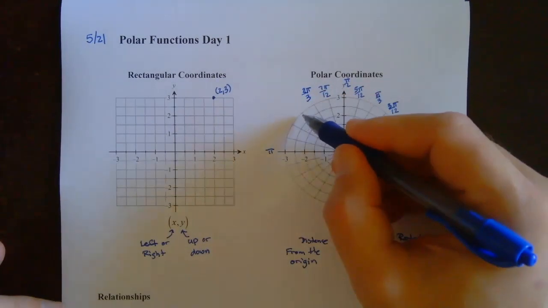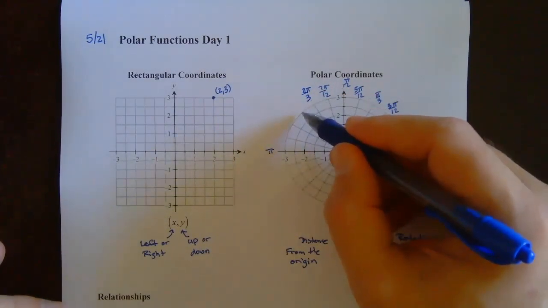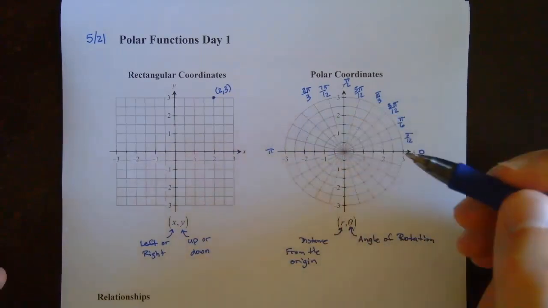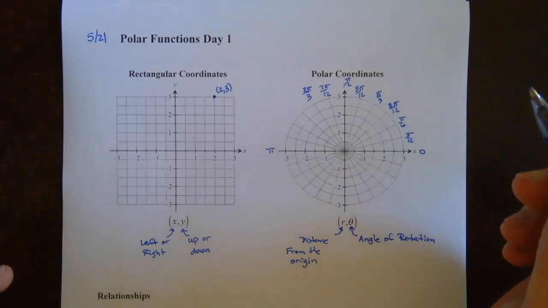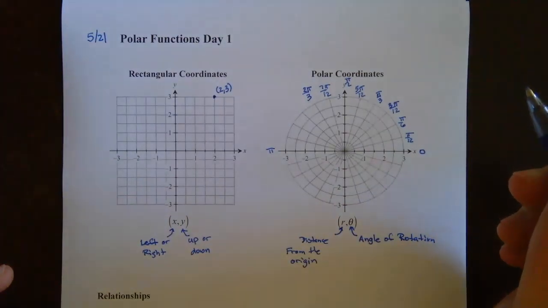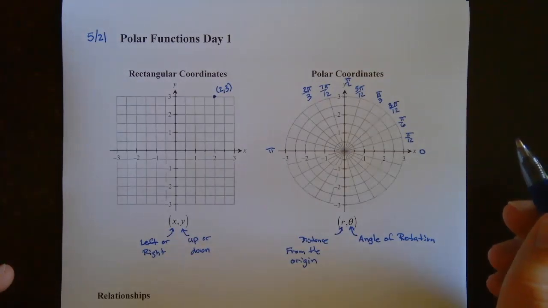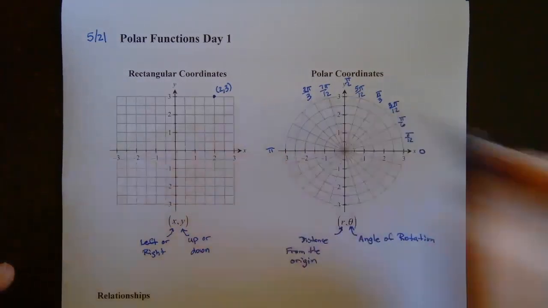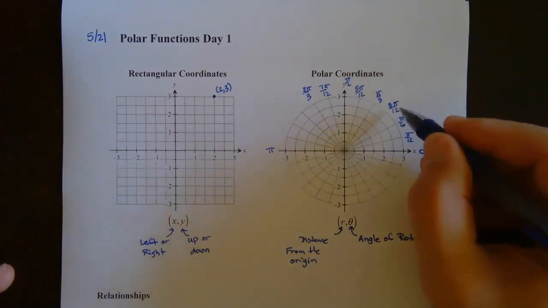Then this is going to be 9 pi over 12, and 9 pi over 12 is 3 pi over 4. Hold on. Yeah, 3 pi over 4. You know what? I just made a mistake. I just realized. Sorry, guys.